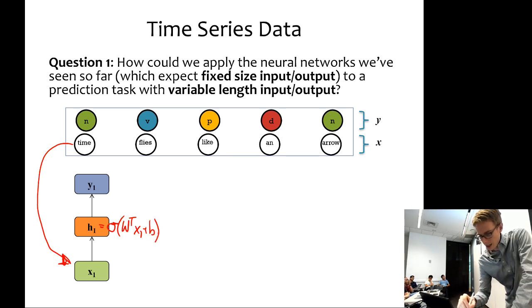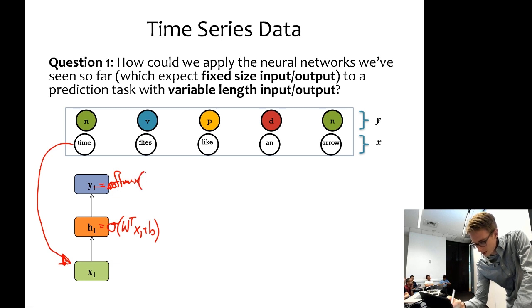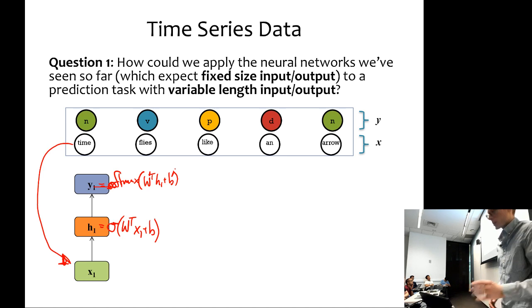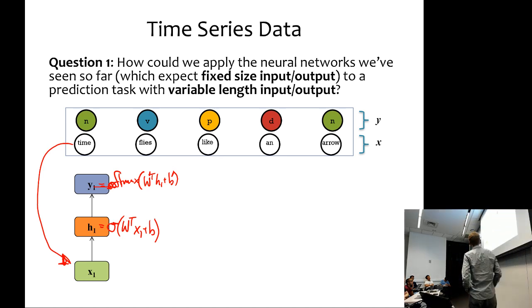And then Y here is going to be maybe a softmax over W transpose H1, again, plus a bias. And these should probably be different parameters, so we'll say this is W prime and B prime. Okay. So this is a very, very simple neural network.